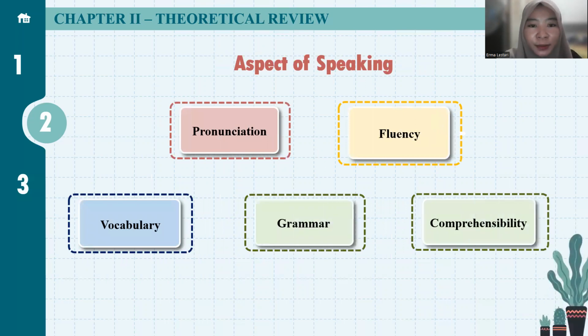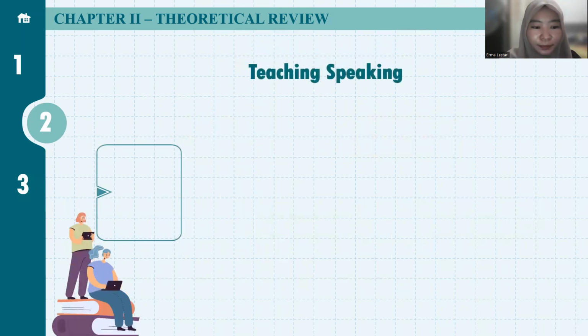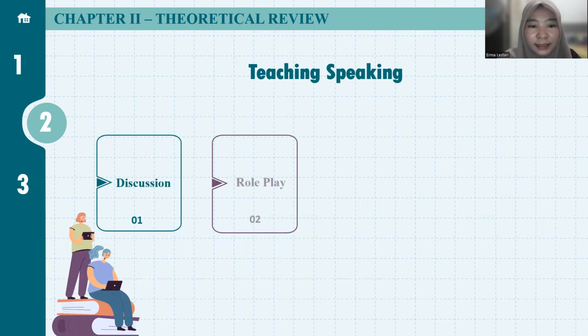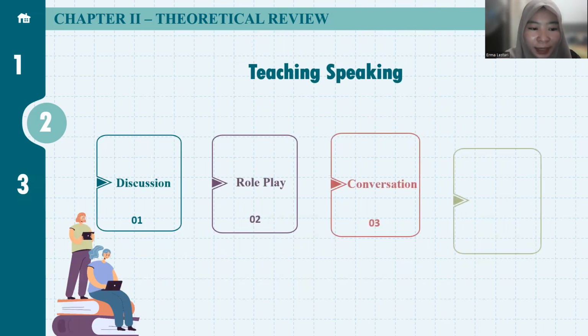All right, so we have aspects of speaking. According to Brown 2003, there are several traits in speaking, such as pronunciation, fluency, vocabulary, grammar, and comprehensibility. The next is teaching speaking.